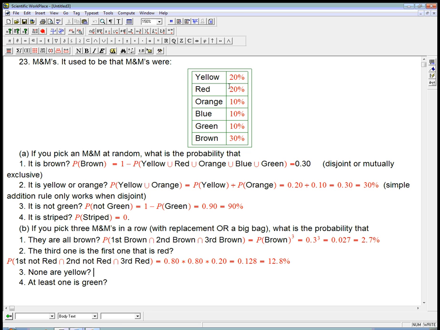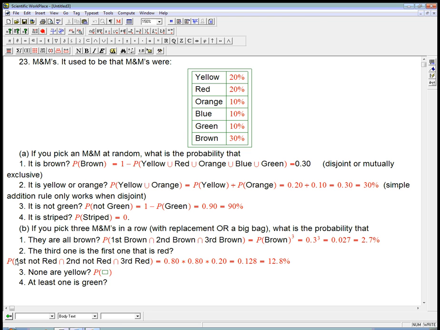It's really that I want the first one to be anything but yellow, and the second one to be anything but yellow, and the third one to be anything but yellow. That's one way to think about it. It's easy to get confused about negations here. Let me do it a good way, and then I'll maybe talk about confusions. So what's the probability that none are yellow?